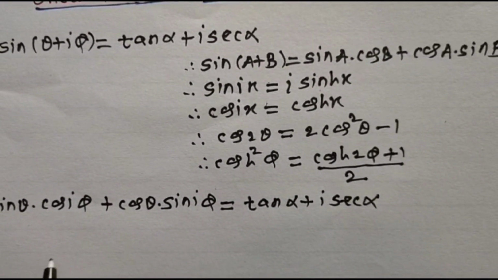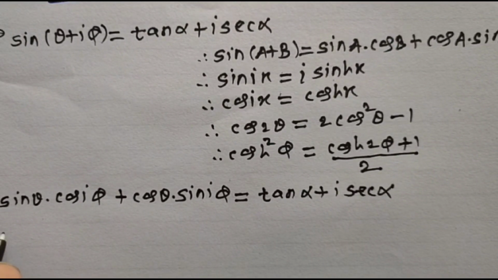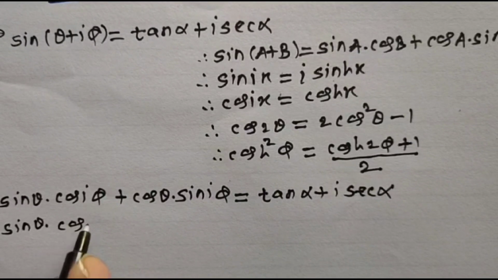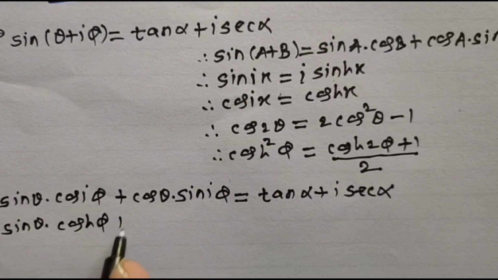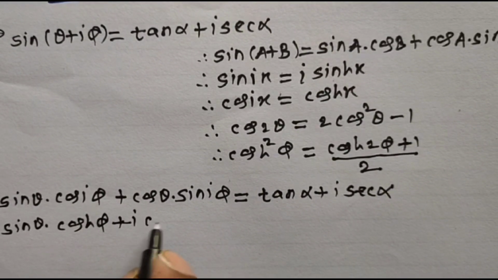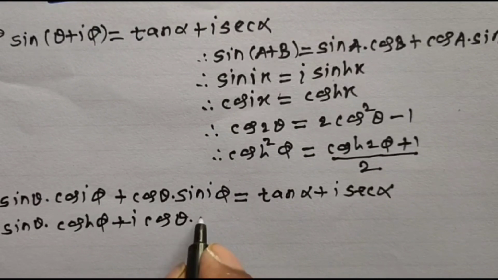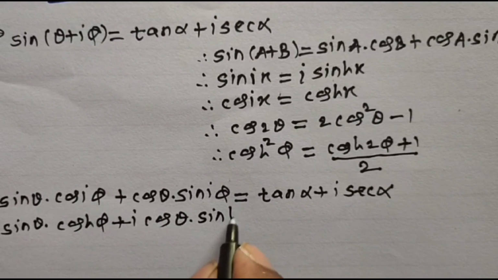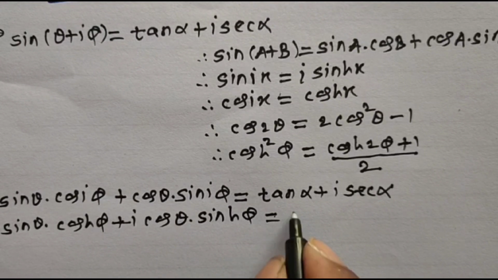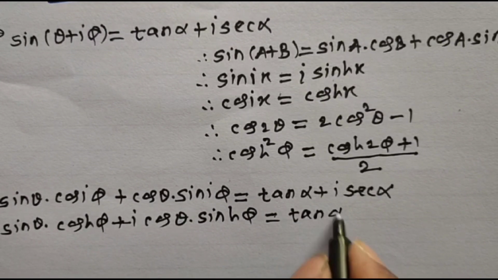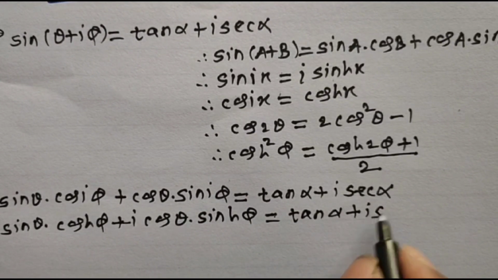So this can be written as sin θ cosh φ plus i cos θ sinh φ, equal to tan α + i sec α.